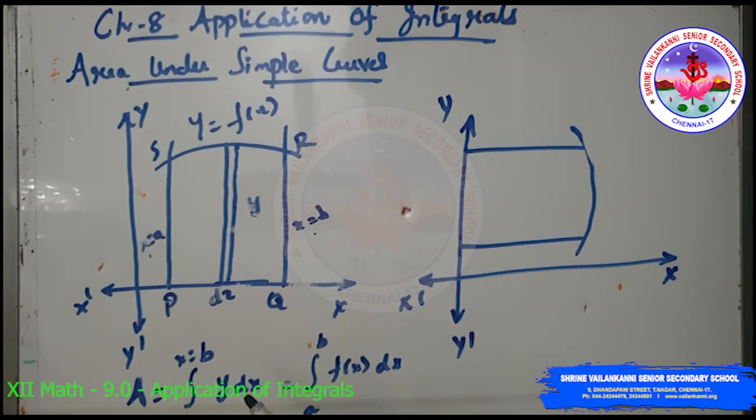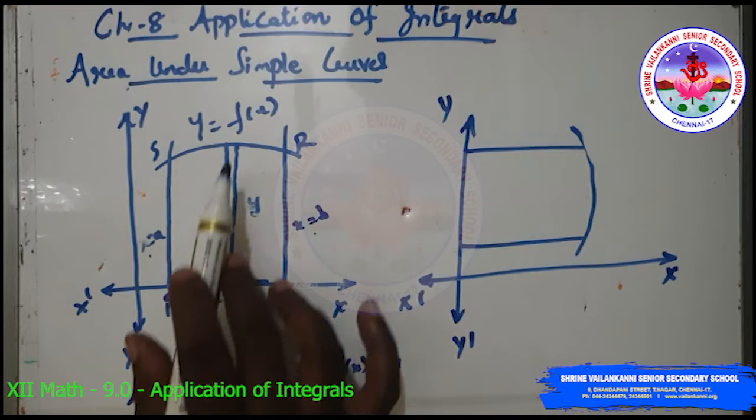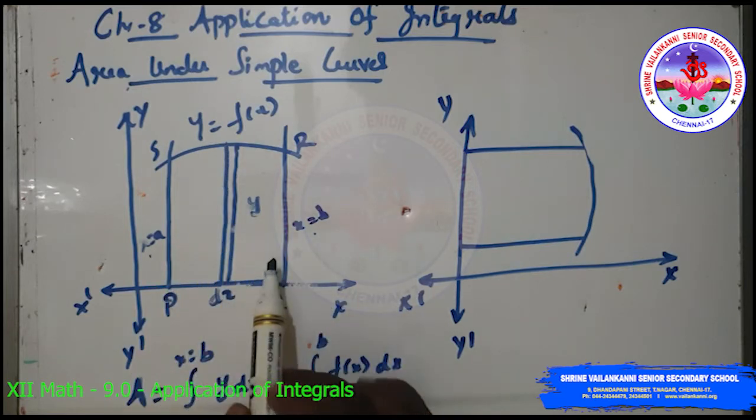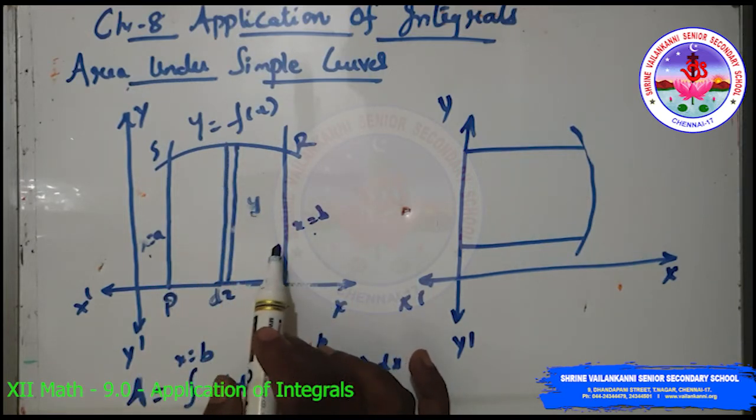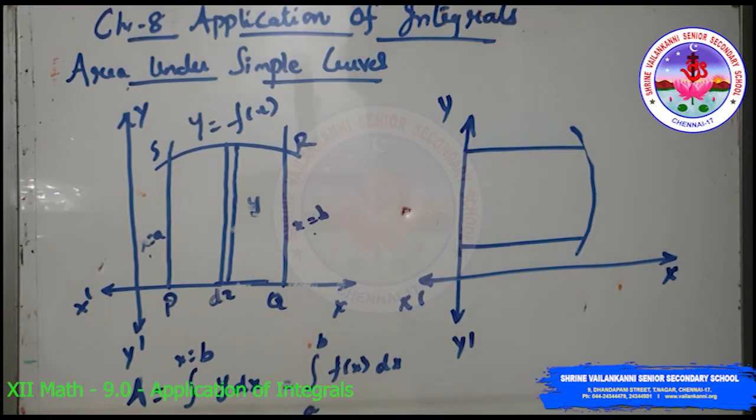So y is the height and dx is the width, in which the area under the curve is composed of a large number of very thin vertical strips. So area A equal to y into dx, which is equal to f of x dx.